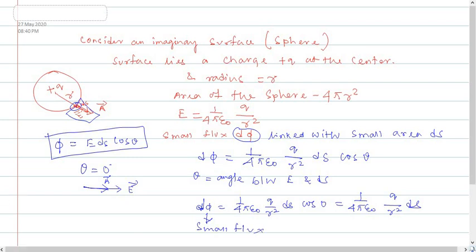Similarly, how do we calculate the total flux? Total flux phi is equal to the integration of d phi over the total surface, the closed integral. The value of d phi is 1 by 4 pi epsilon naught q by r square ds.